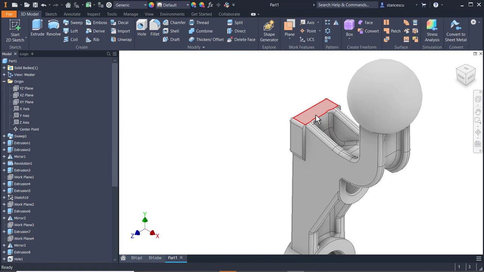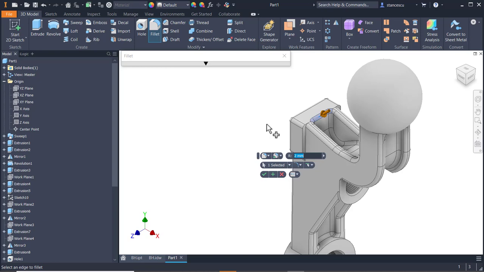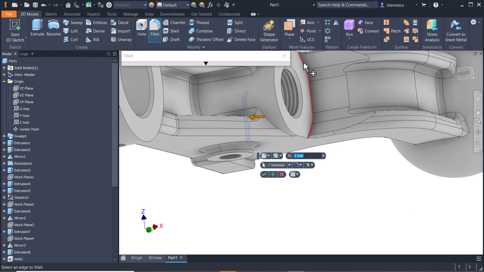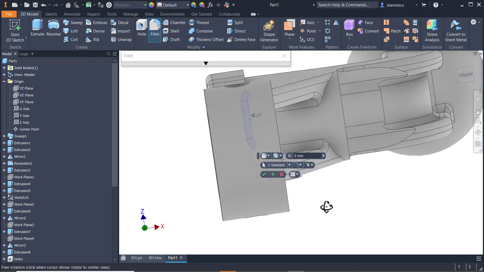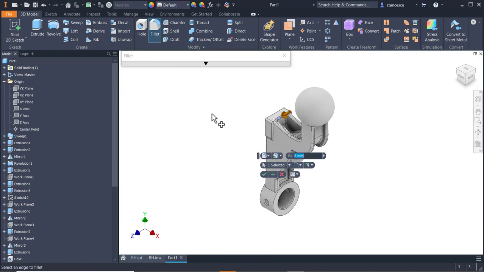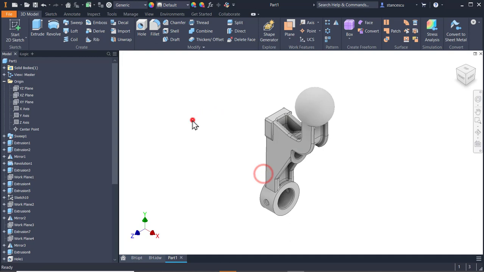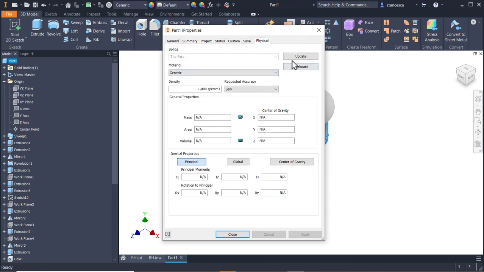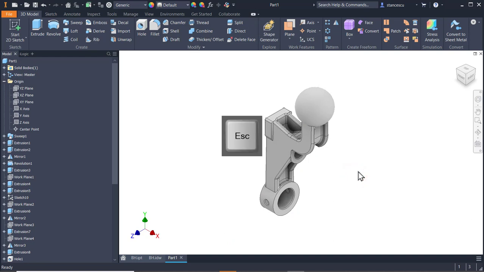You can add some other fillets, for instance here, and anywhere you want, but not here inside. F6. The data eye properties for this part are here. You can use them to control if your model is okay.